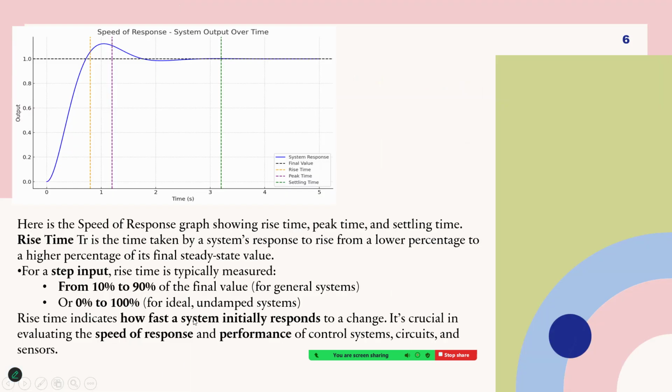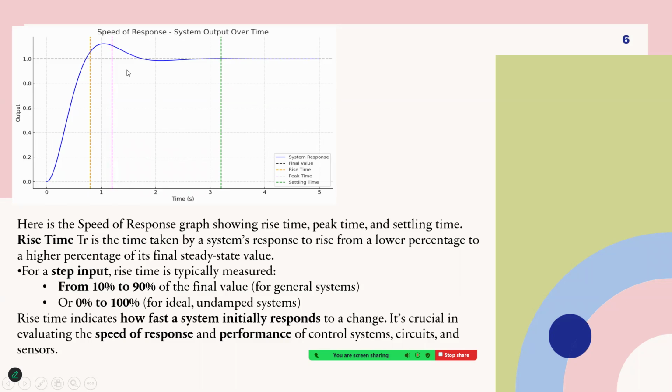So here we can see the curve of the system where we can understand what is rise time, what is peak time, and what is settling time. Here the blue line denotes the system response, and this is the final value of the system. The yellow line denotes the rise time, the purple line denotes the peak time, and the green line denotes the settling time. Here we have taken an oscillatory system.